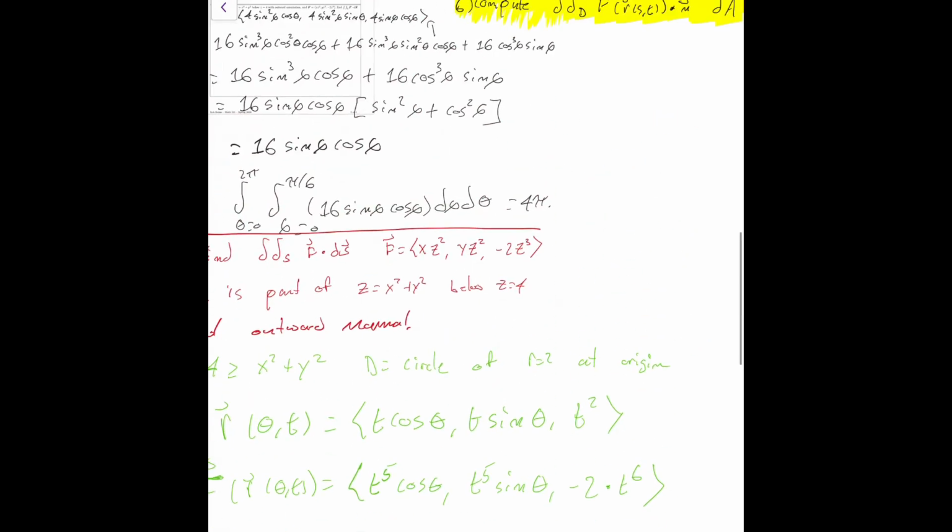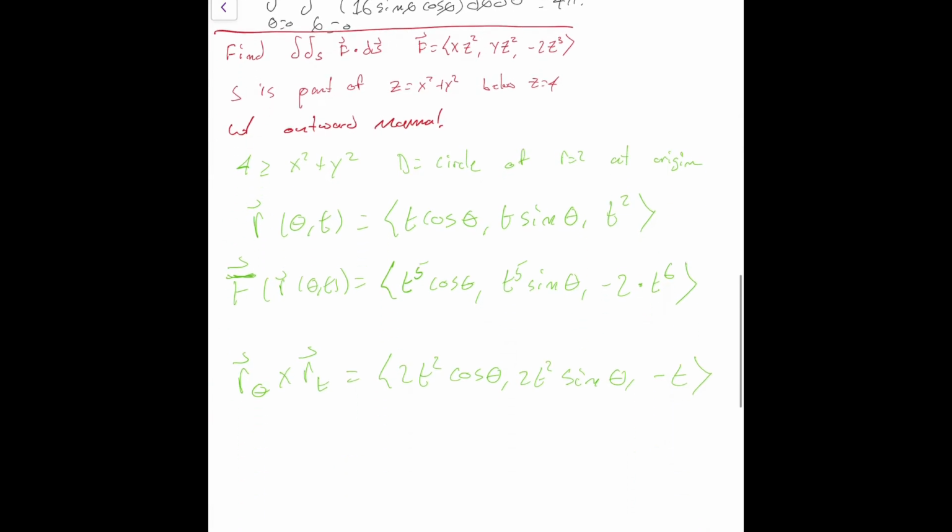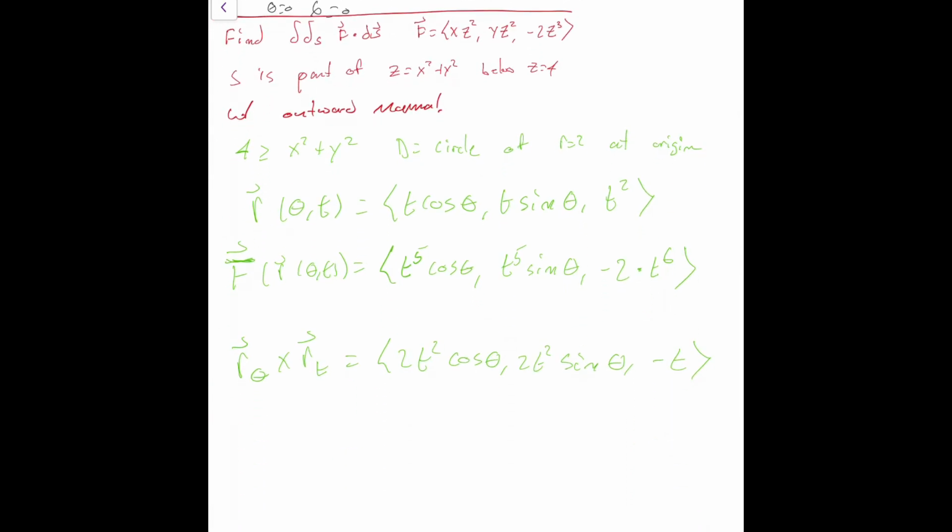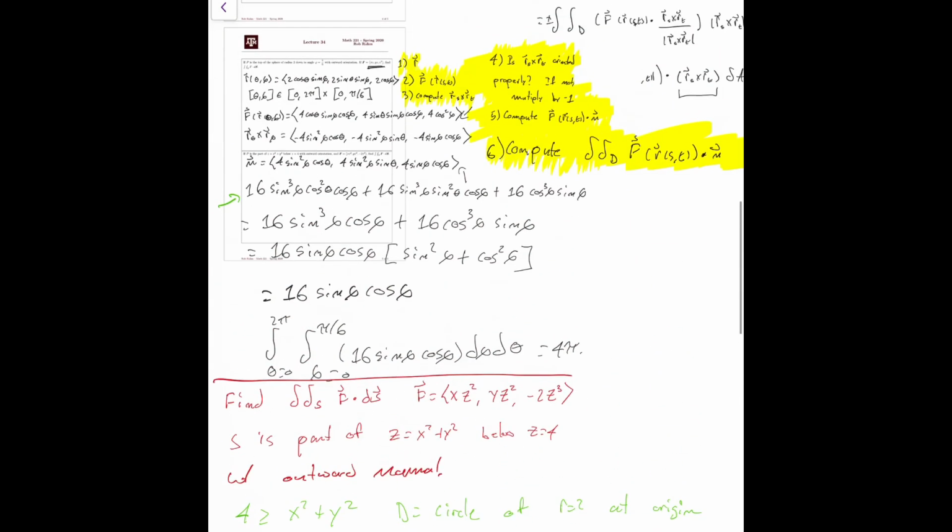And now we check the orientation. That's step 4, check the orientation. Okay, so this shape is an upward facing paraboloid, and we want the outward pointing normal vector, so that means the z component should be negative because it's pointing down. And that's right, because t is positive, the last component is minus t, so this is the right direction.